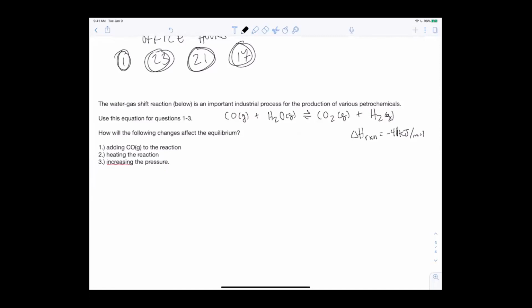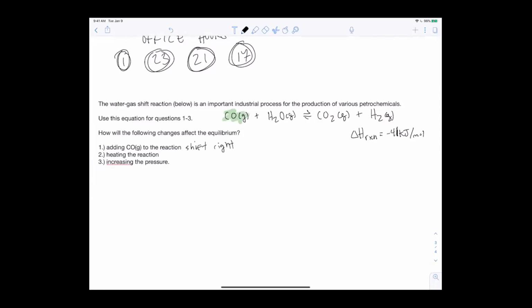Yeah, so adding carbon monoxide to this should shift the reaction. So for part one, if we add carbon monoxide, that's going to shift to the right or to the products.